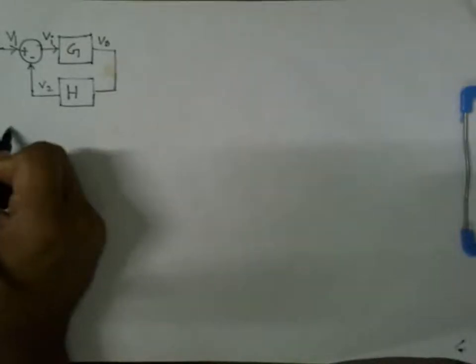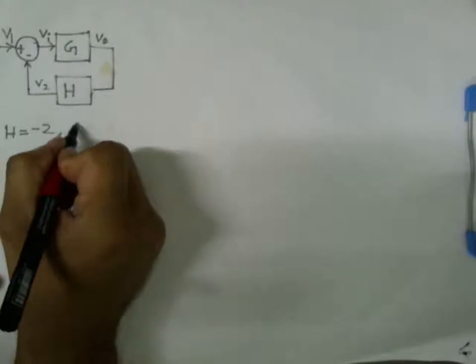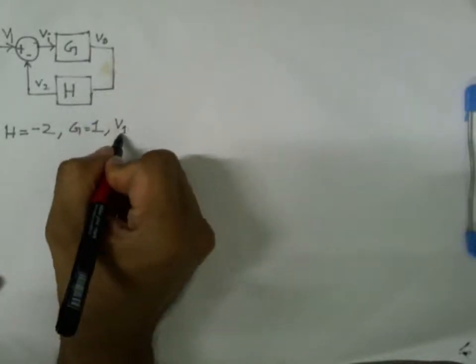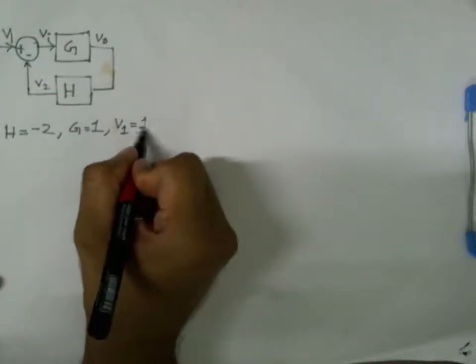Let me just choose H to be equal to minus 2 and G equal to 1 as before, and say V1, that is this input, is equal to 1.